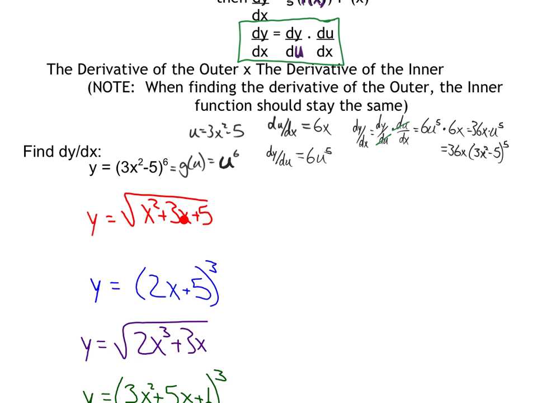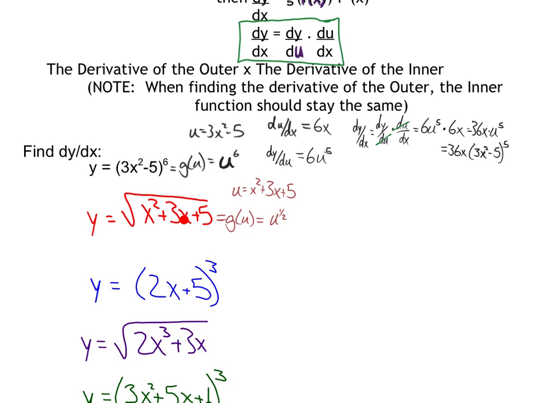All right, let's work through this one. We said that for this one, g of u would be u to the 1/2 power. And we said u was that inside, x squared plus 3x plus 5. We already went through all of that.